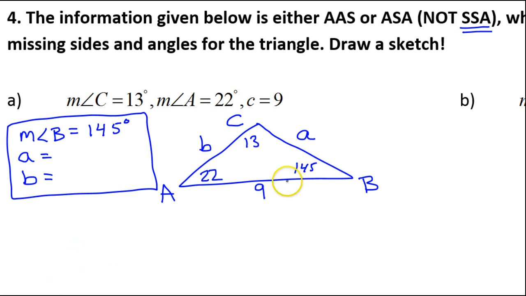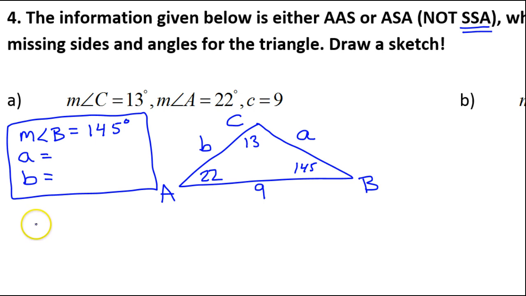Okay, so let's go ahead and use the law of sines. I see I have the angle and the opposite side right here, angle C and side C. So I'm going to use that when I do my law of sines. Because I'm looking for a side, I think I'll go for side A, I'm going to put sides on the top.